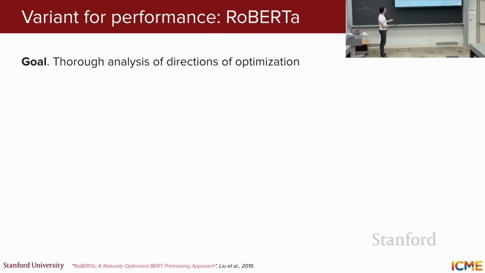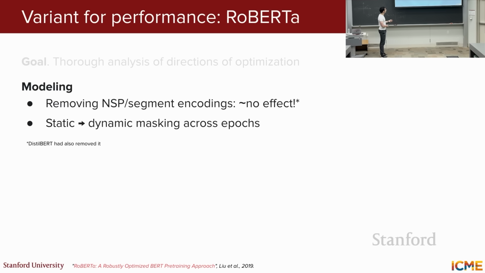And last, I'm going to talk about RoBERTa, which studied the fact that removing the NSP objective function led to almost no decrease in performance, so they just dropped it. And they added some tricks such as dynamically doing the masking.